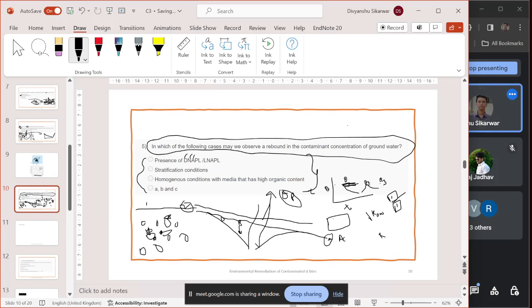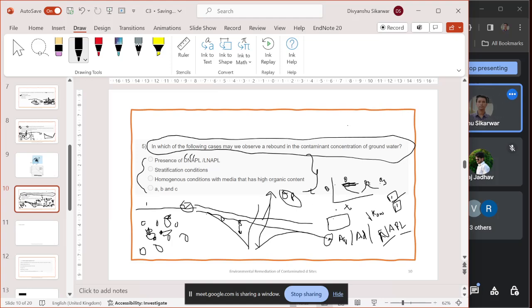When you have aqueous as well as adsorption, as well as certain compounds called NAPL. NAPL is non-aqueous phase liquid.